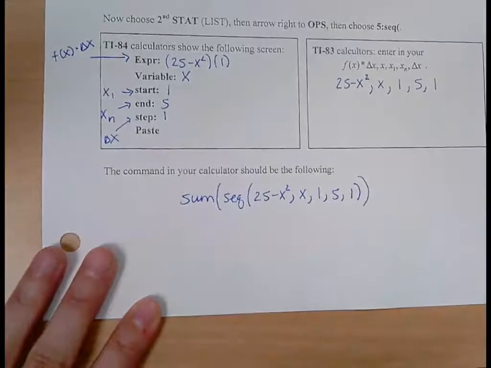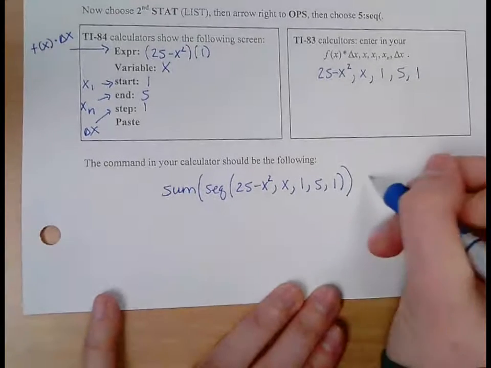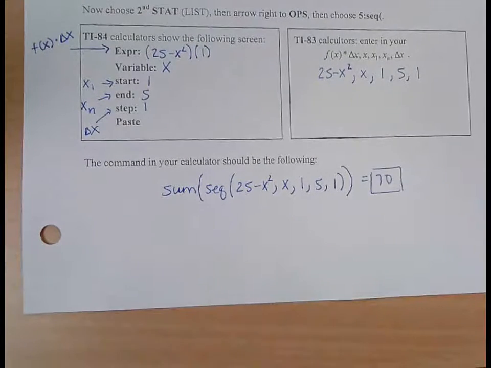And then there'd be a couple of parentheses really to close all of that. But then it equals 70. So rather than finding all 5 of those areas and then adding them all together, your calculator will do that. And it's very helpful, especially when you get more rectangles, such as 20 or 50. You don't want to do all of that by hand.